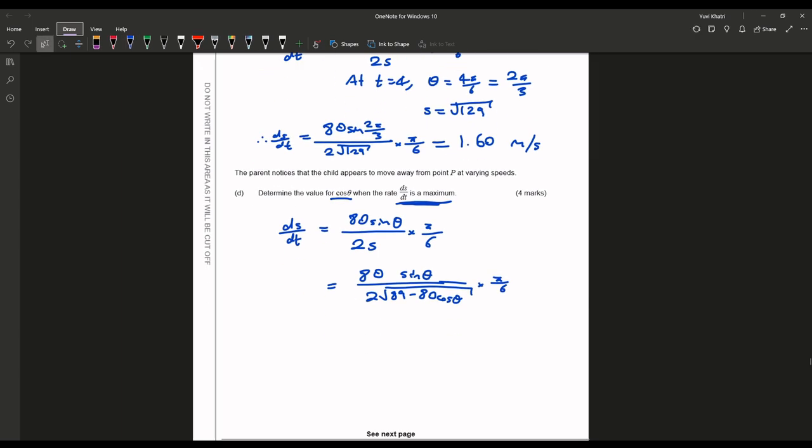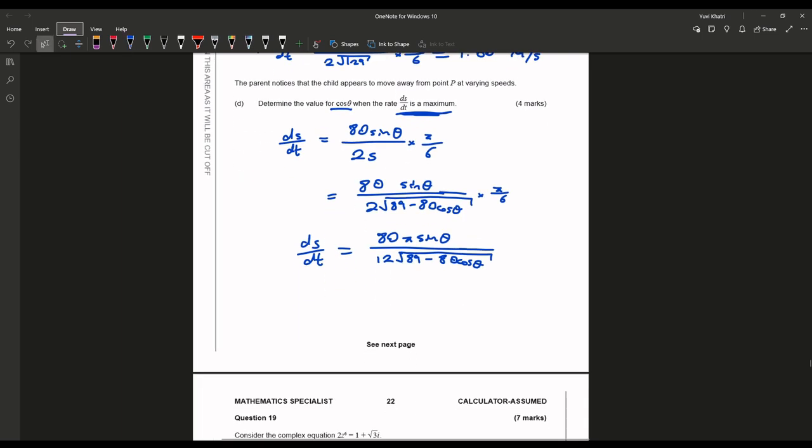And simplifying this, now if this is ds/dt, and we're trying to find when it's a maximum, well, it'll take too long to differentiate and set that equal to 0.